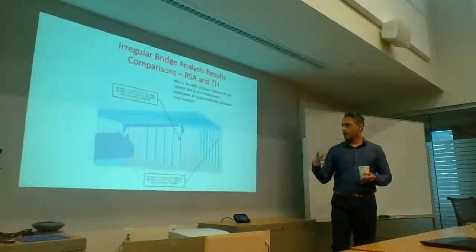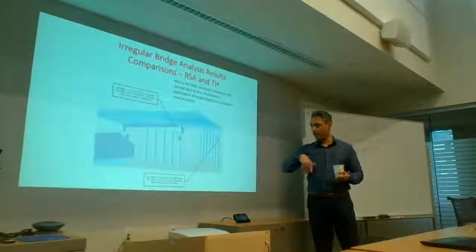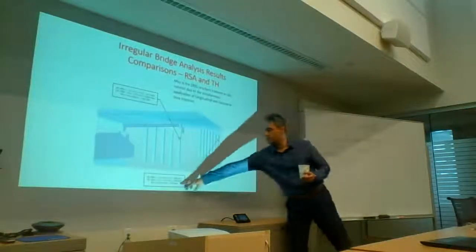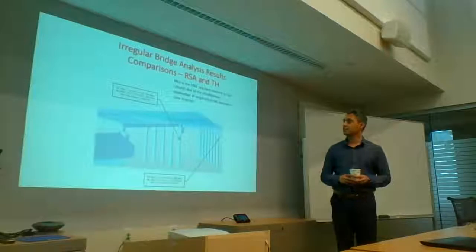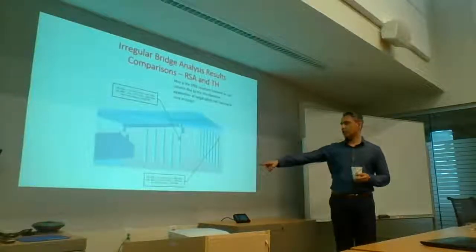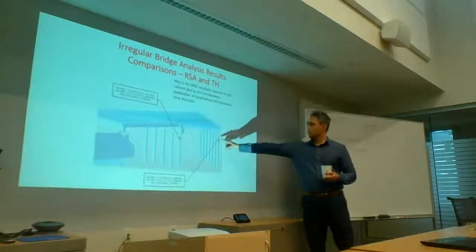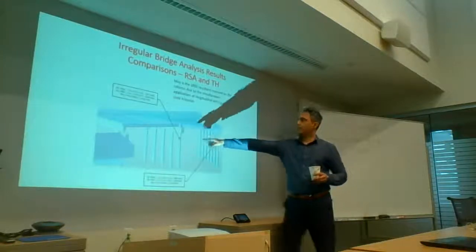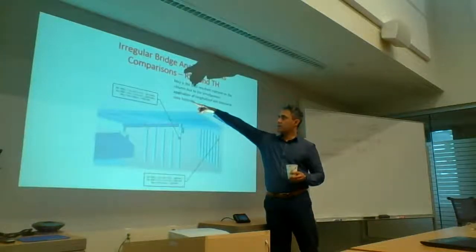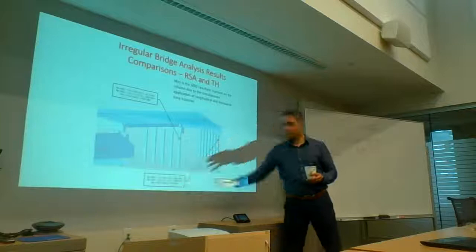And when you're running your time history, your combined vector moment is about 2,700. So that's a little bit lower at this point. Up here, you can see that again. So they're not too far off.